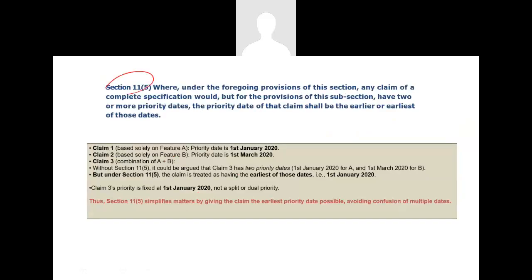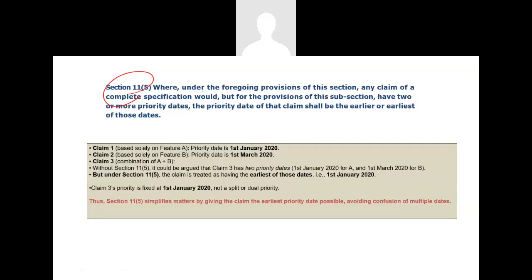Section 11.5 mentions that wherever there is a little bit of confusion, it might appear that one of the claims has elements of two priority dates, meaning there were previously filed specifications, and the claim comprises all of those.